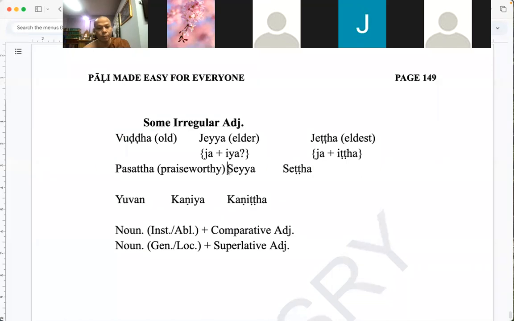Praiseworthy. And here more praiseworthy. And here also most praiseworthy. Okay.